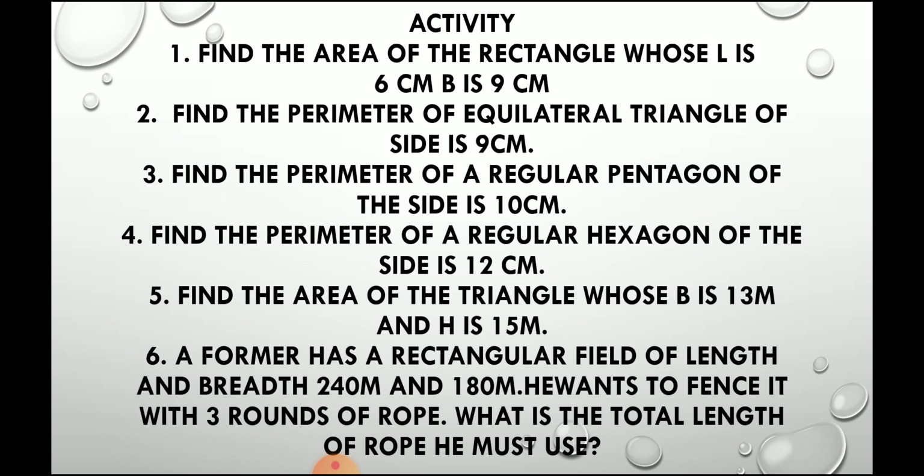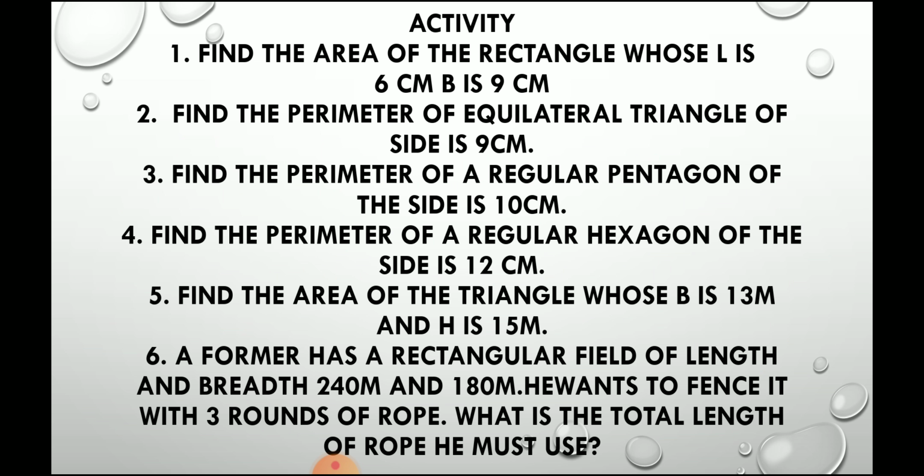The rectangle has 2 different sides, the triangle has 3 sides, but here it is an equilateral triangle, so the values are the same, 9 centimeter. Third one is find the perimeter of a regular pentagon whose side is 10 centimeter. Fourth one is find the perimeter of a regular hexagon whose side is 12 centimeter.